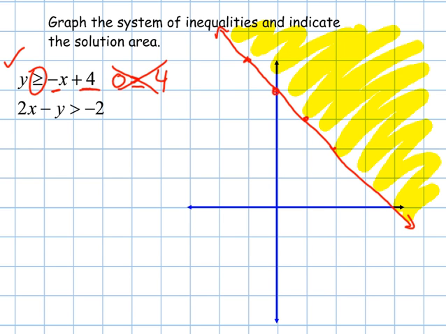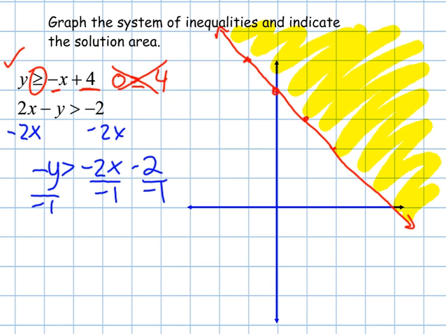Then for the second equation, you'll notice it's not in slope-intercept form, so we're going to have to manipulate the equation a little bit. Subtract 2x from both sides. We get -y is greater than -2x minus 2. We don't want it to be negative y, we want it to be y, so if we divide everything by -1, that will fix that for us.